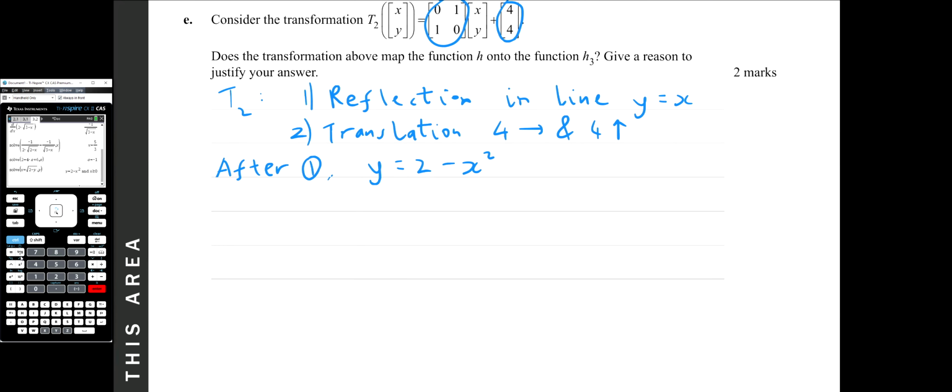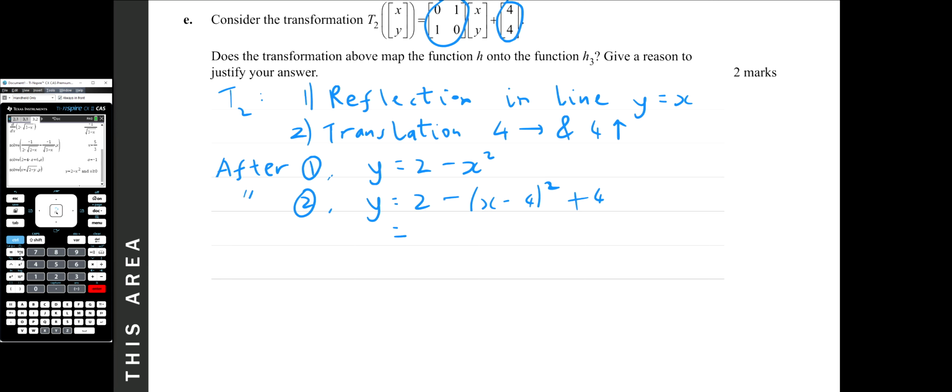Now after step 2, what's going to happen is we move right by 4. So that will give us 2 minus (x minus 4) squared. And then we move up by 4, which adds 4.